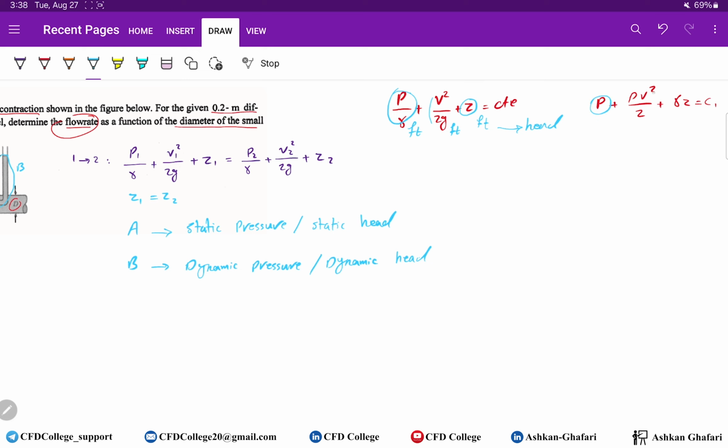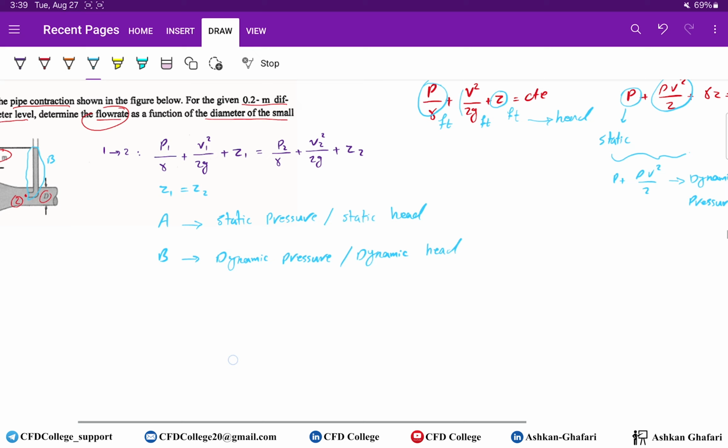Here we have pressure, and this is static pressure, this is dynamic, this is velocity, and the combination of the first two terms, P plus rho V square over 2, is called dynamic pressure. It's the summation of static pressure and the velocity term.